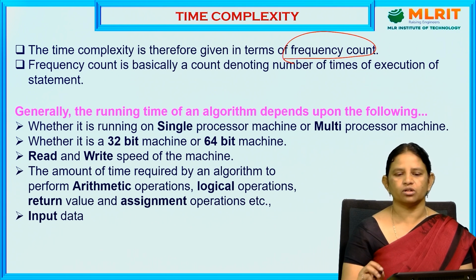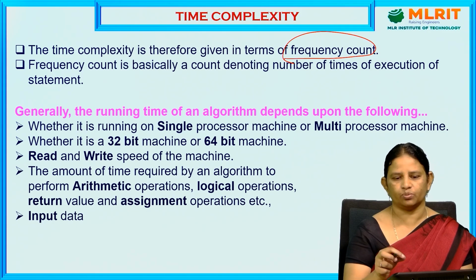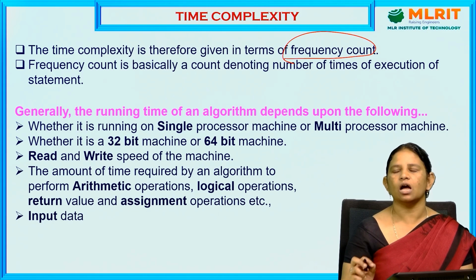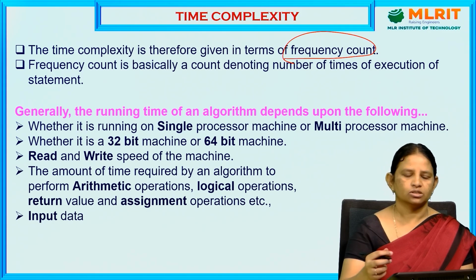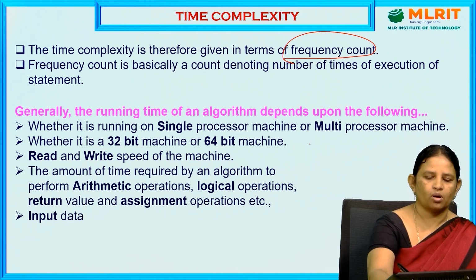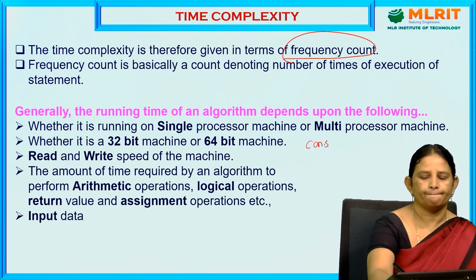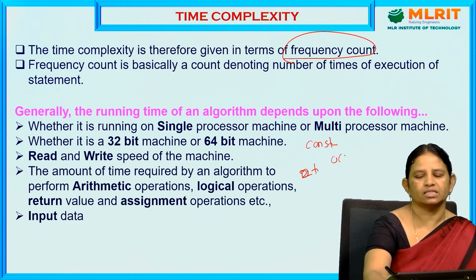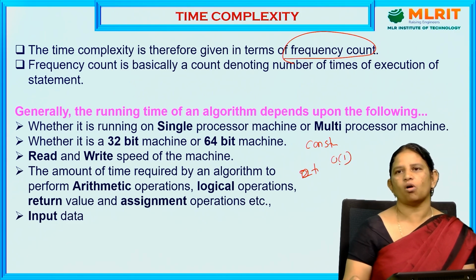In the case of frequency count, we need to take the frequency of each statement and calculate the total time complexity. This time complexity is in the form of constant time. Suppose a statement is repeated 2 times, we can take it as constant time, big O of 1.